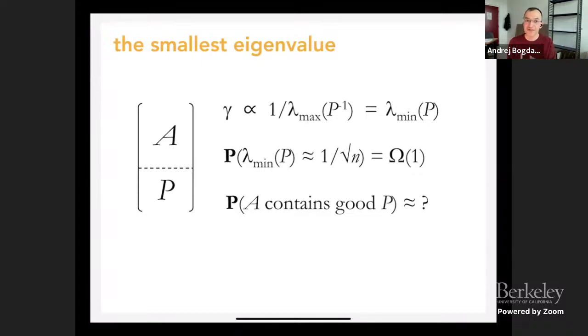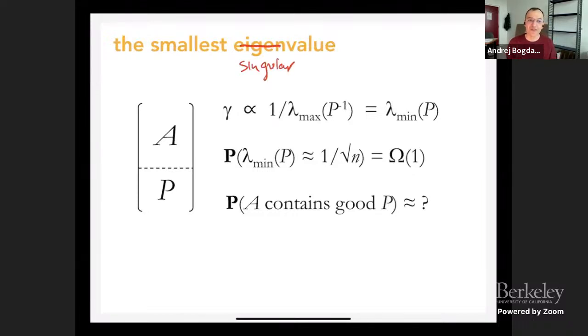The completeness error is governed by the largest eigenvalue of P inverse, which is the same thing as the smallest eigenvalue of P. Actually, it shouldn't say eigenvalue; it should say singular value. This is not a symmetric matrix, so it should talk about singular value.